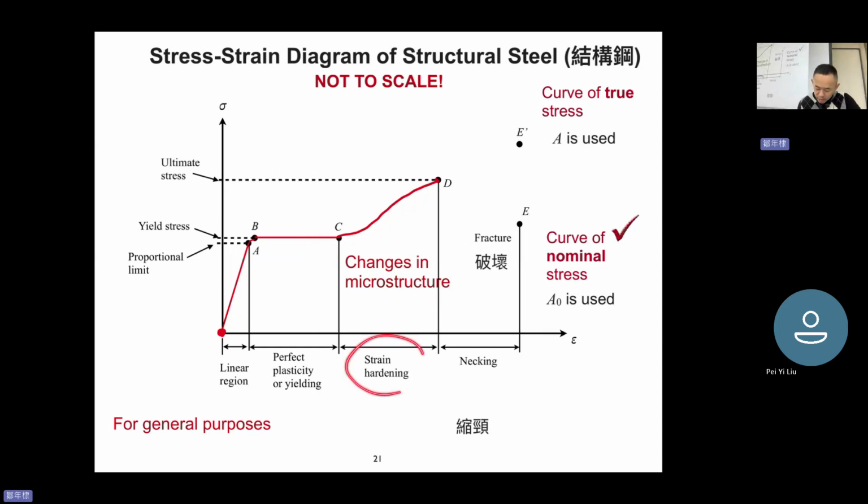Strain hardening. You see that? So you can imagine a city or a castle. An army needs to attack that castle. Okay, so they attack, and once they win the battle, the castle yields, so it will give all the money to the army, right?